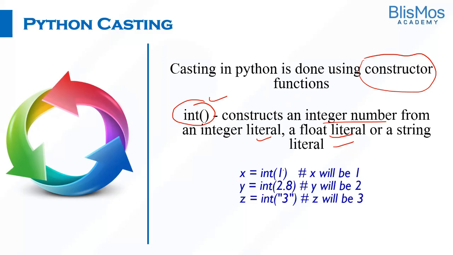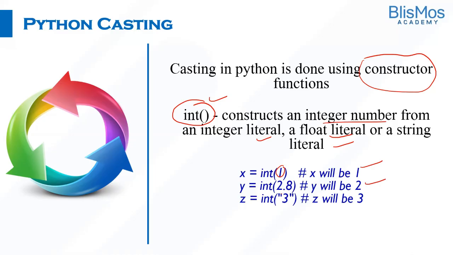If you see here, int of 1 becomes a 1. int of 2.8, even though it is a float, will be truncated and stored as a 2.